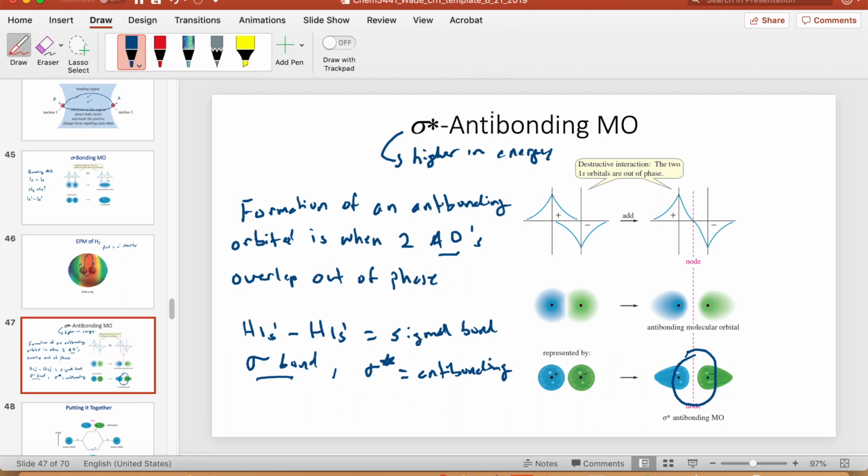But if you instead have these guys overlap in an anti-bonding molecular orbital, then there's not electron density between them, so you have an area of repulsion, right? Those two positive charges are going to repel. So that would then increase your energy level, right? And so we can show this when we put all of these together in what we call a molecular orbital diagram.